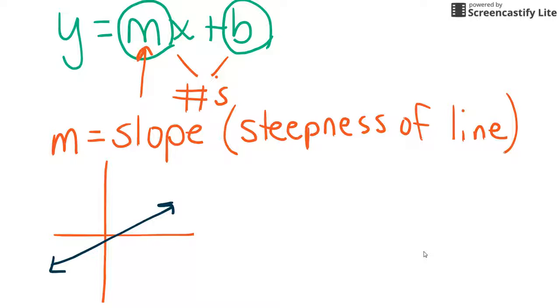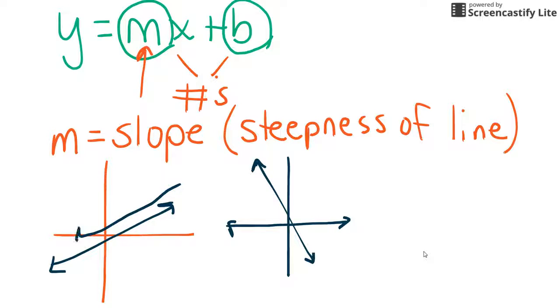I would consider this not super steep, but not flat either. You could also have something that looks like this, which is really steep. If you think about it like a ski slope, this one would be way easier to ski down than this one here. This would have a much higher slope because it is steeper.